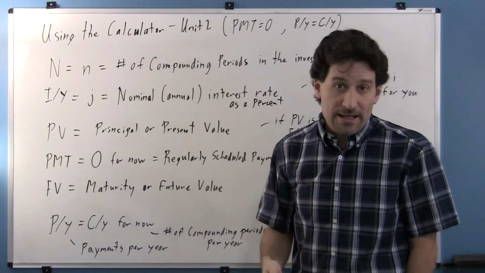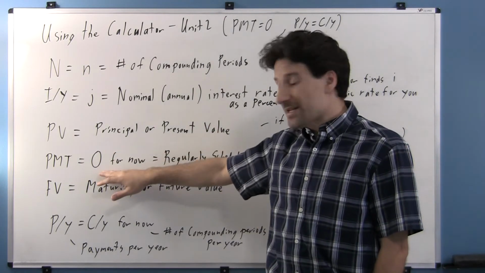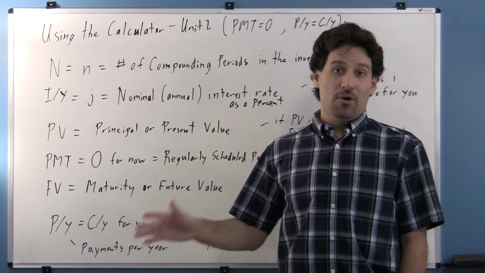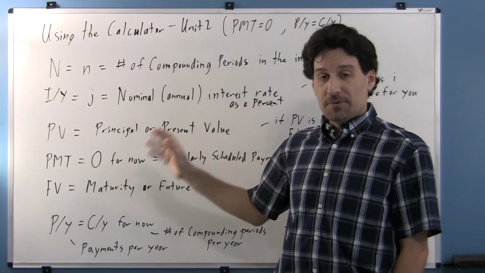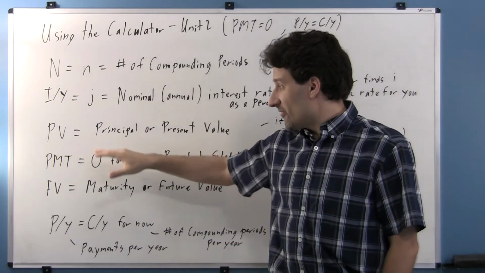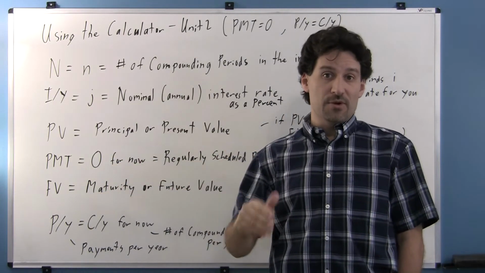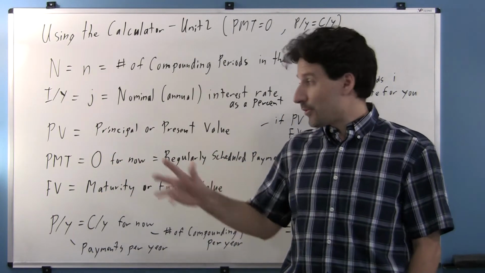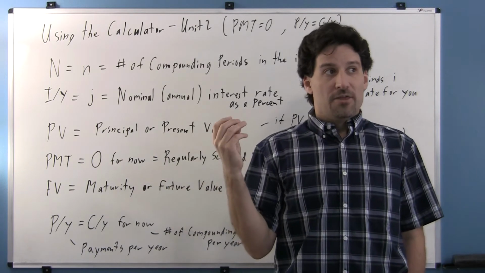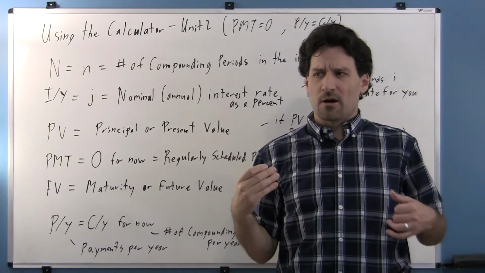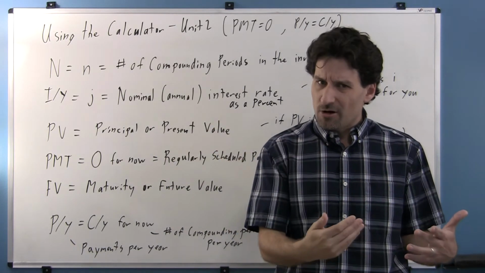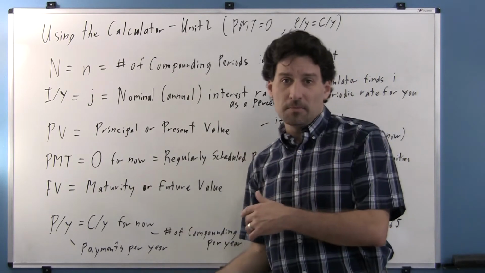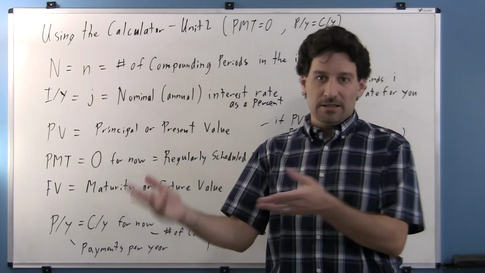But later, when we have payments also happening, now we have to decide which of these 3 are positive and which are negative. When all 3 have numbers involved, that tells the calculator whether I'm making payments or paying out money, whether I'm borrowing money or lending money.